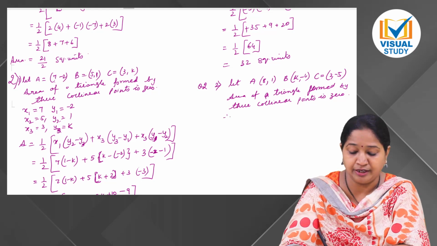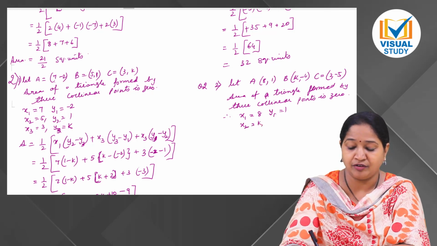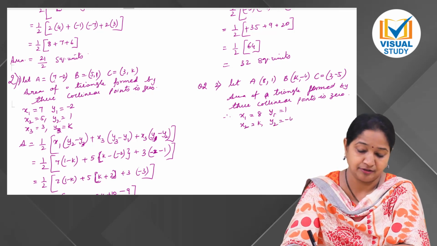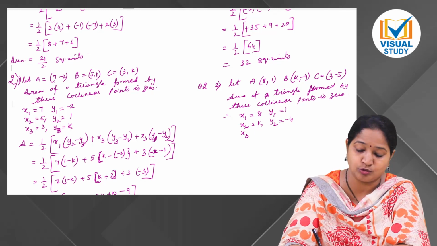Therefore x1 is equal to 8, y1 is equal to 1, x2 is equal to k, y2 equal to minus 4, x3 is 2, y3 is minus 5.